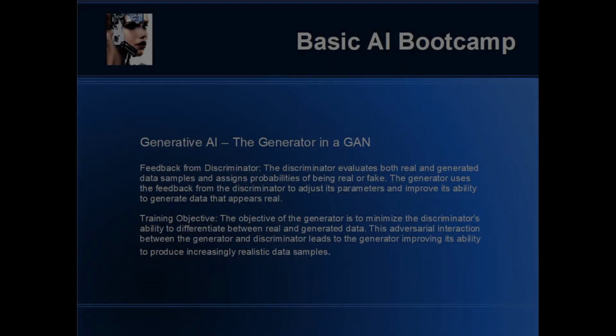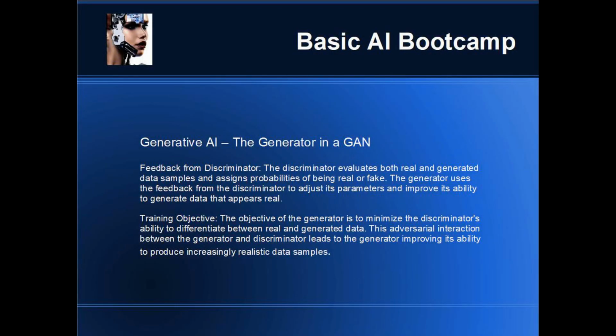In a generative adversarial network, the analysis of variance is performed by the discriminator, which is just another neural network. And the result, or variance distance metric, or distance to the goal, is then fed to the generator as reinforcement. The goal of the generator in a GAN is to minimize this distance or variance.